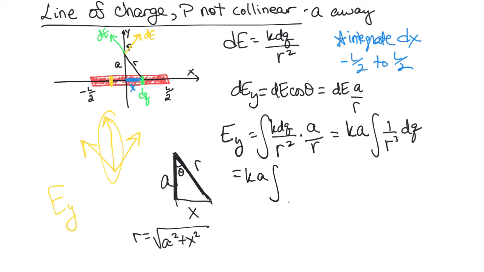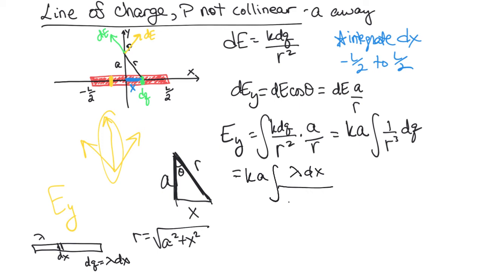Our big goal here clearly is to get things into dx. You know that for a little dx of a thing that has a linear density lambda, dq is lambda dx. So we're going to write lambda dx up here.